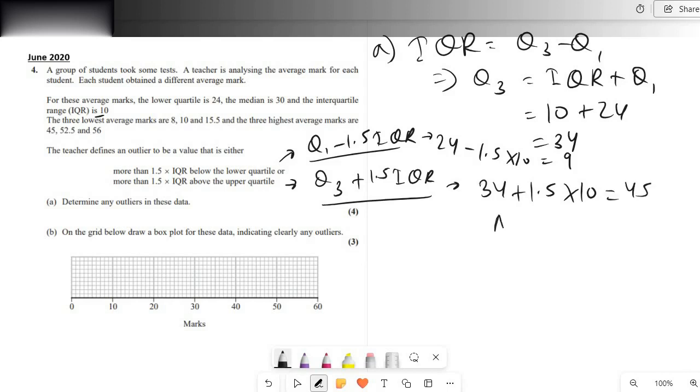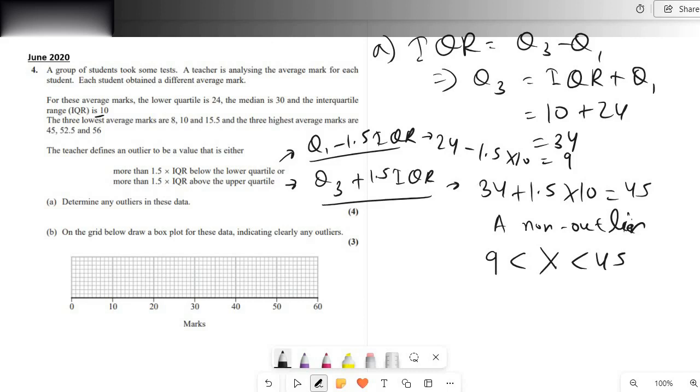So a non-outlier range is going to be greater than 9 and less than 45. So anything that is not within this range will be an outlier.